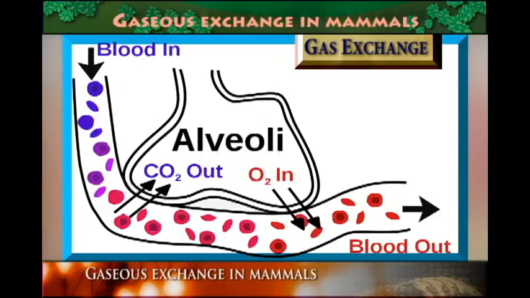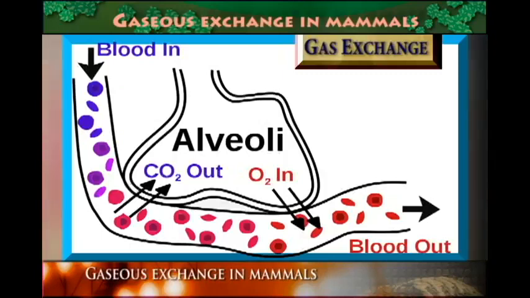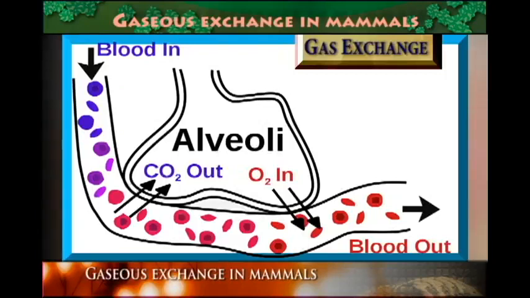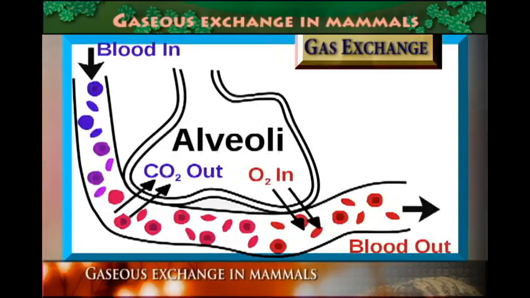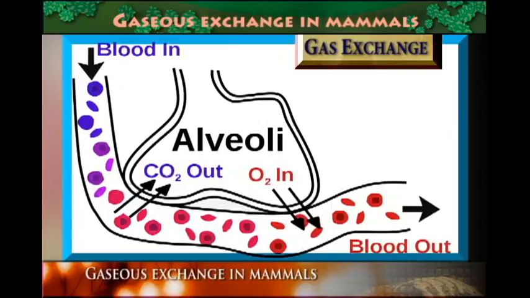The region of high concentration is the alveoli, and the region of low concentration of oxygen is in the blood. And because the blood which is coming into the alveoli or the lungs has a high concentration of carbon dioxide, and air entering the alveoli has a low concentration of carbon dioxide, this difference in concentration is going to force the carbon dioxide to move from a region where it is highly concentrated, which is the blood, into the alveoli where there is a low concentration of carbon dioxide.